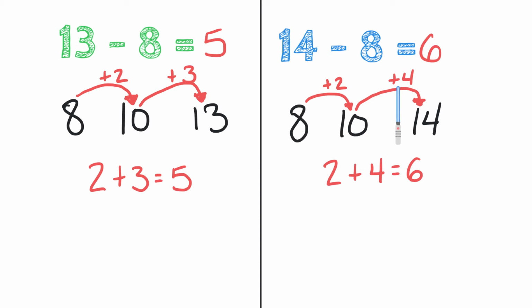So 10 plus 4 is 14. So now we've gone from 8 to 14. Now we know the difference between, or how many it is from 8 to 14. 2 plus 4. So I'm going to drop down here, and you should have written that down. 2 plus 4 is 6. So 14, or a group of 14, take away 8 from that group, leaves you with 6 left over.